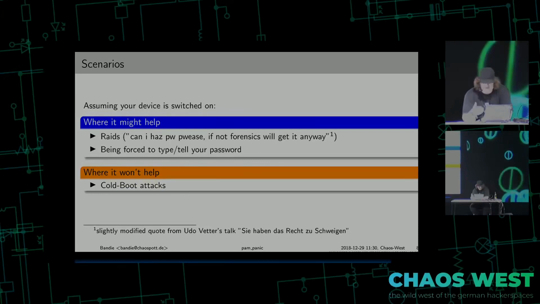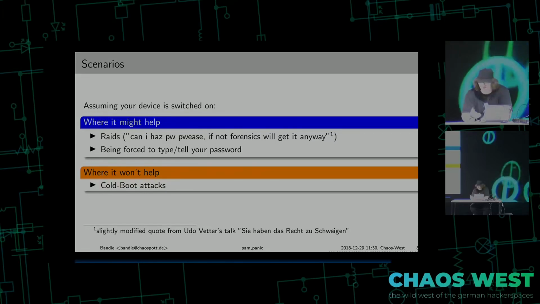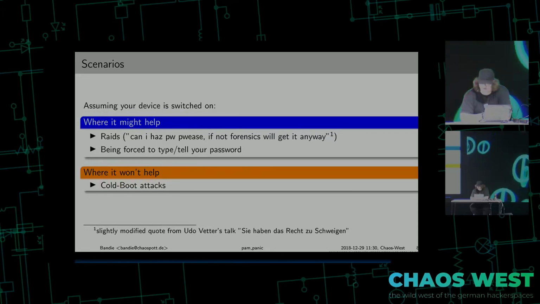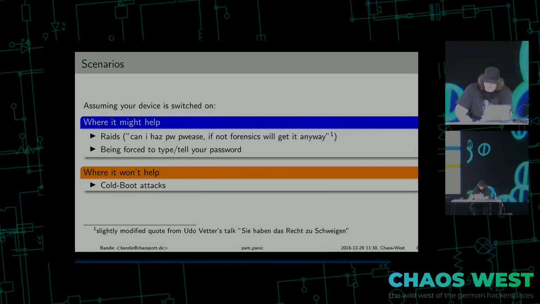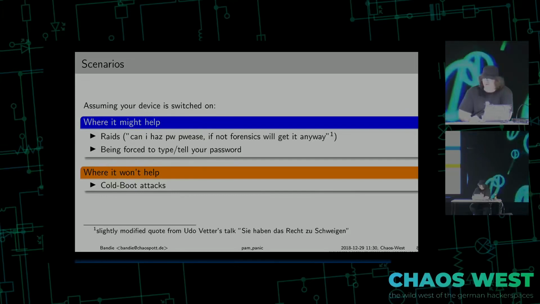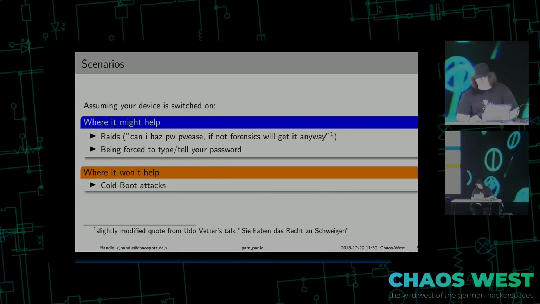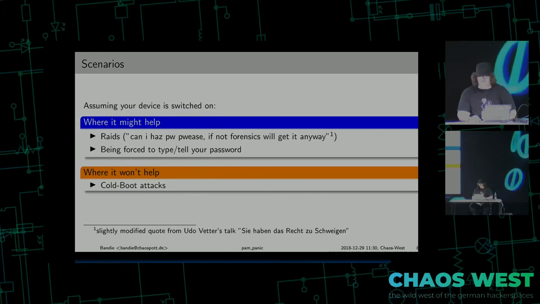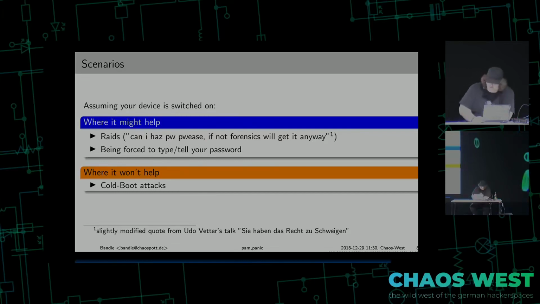Also, being forced to type or tell your password, like on borders. I've never been to the US, but I heard that's common practice there. What won't help is cold boot attacks, where people take your device without any electricity and put some freezing stuff in there. You know the attack, I guess.